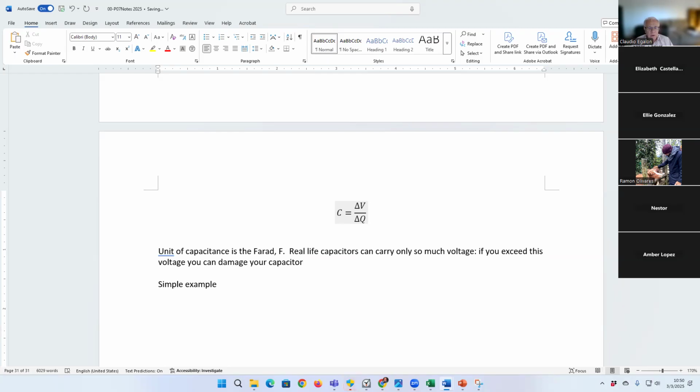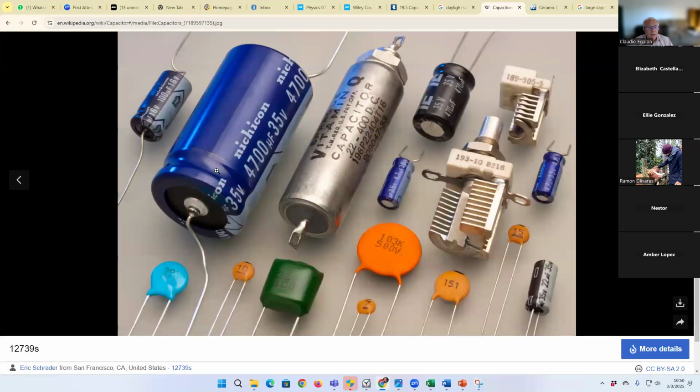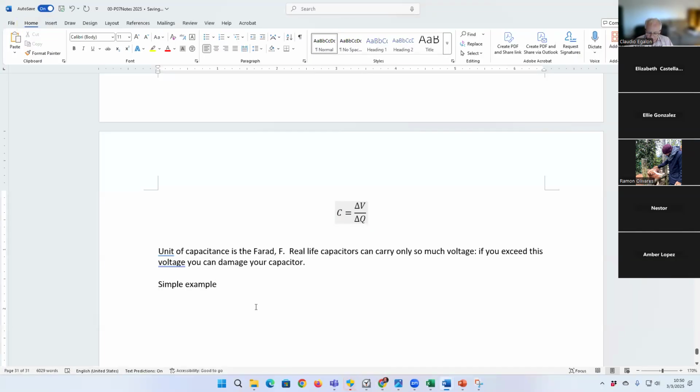So let's do a simple example based on this capacitor that you see right in here. A capacitor can hold a maximum voltage of 35 volts.